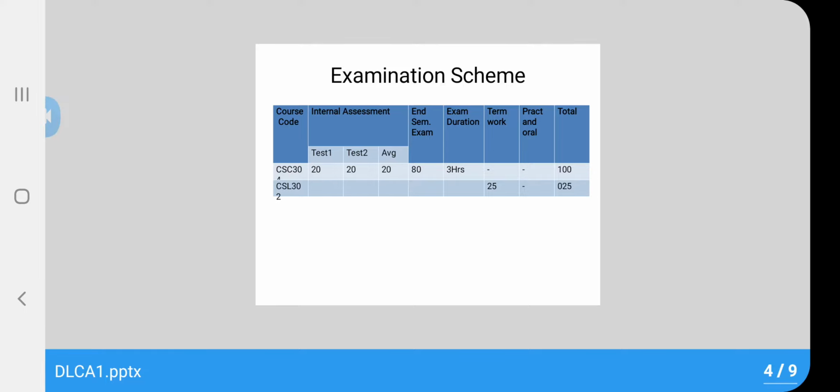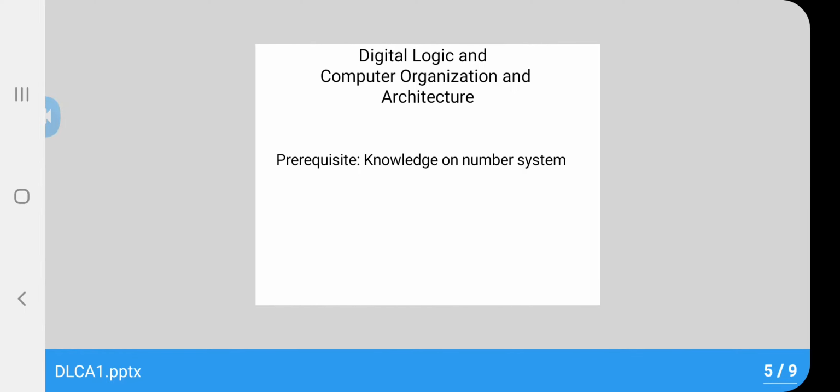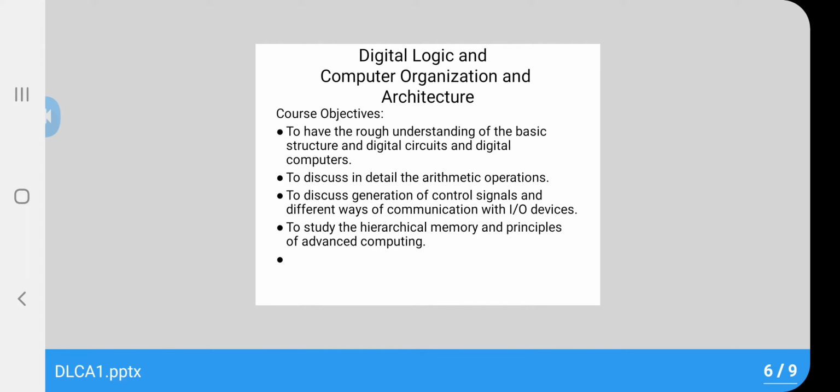Now we'll see the prerequisite before beginning with DLCA. It requires knowledge about the numbering system. Here certain course objectives and outcomes are listed. First objective of the course is to have an understanding of basic structure and digital circuits as well as digital computers.